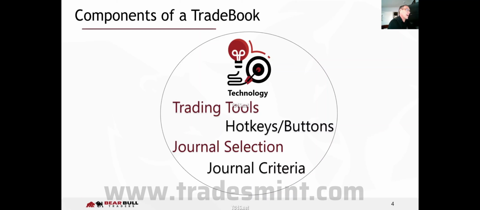And then your criteria. And this can be difficult to understand, right? So when you're doing a trade analysis and you're looking at your trade, you want to be able to have criteria that you can rate yourself on that is as objective as possible. And the reason I say as objective as possible, because journaling criteria and evaluating a trade is very subjective, and your emotions absolutely play into how you evaluate that trade when you journal it.